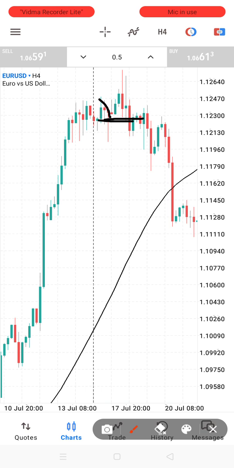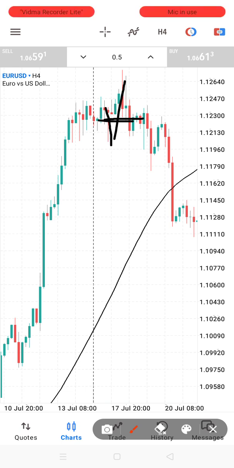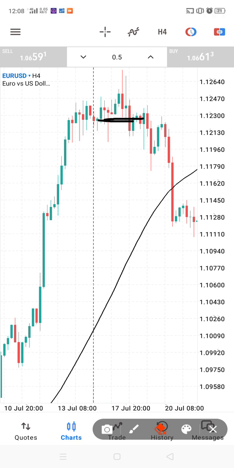Okay, the problem here is that the price continued lower. As you can see, it continued lower down, hit the stop, and then continued up. See, that's the problem with this setup, so you need to be careful.